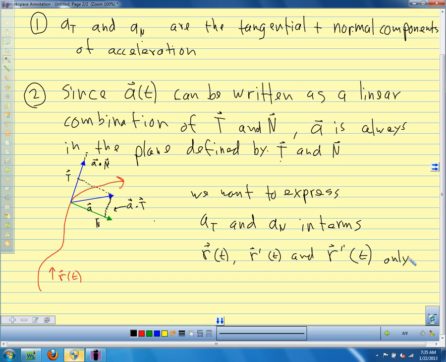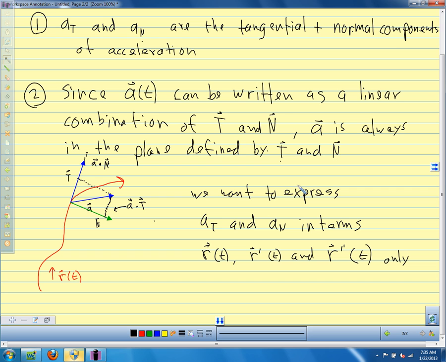So what we do is we look at these dot products, and we manipulate these dot products to come up with these expressions.